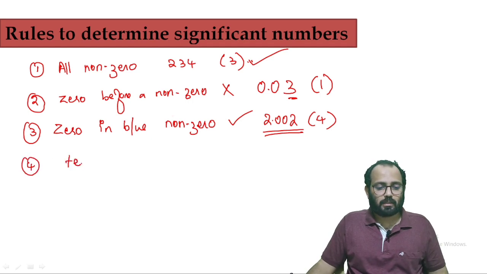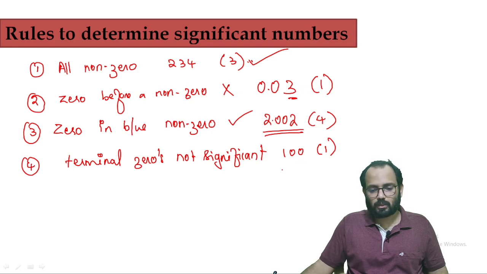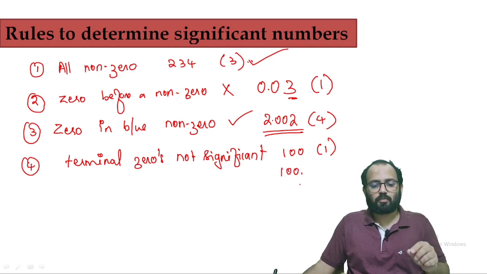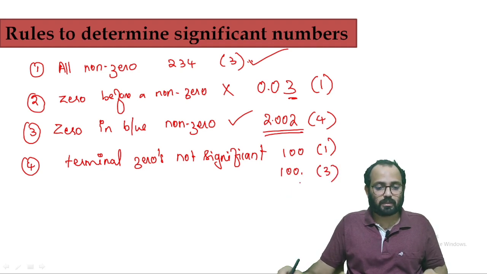Then, terminal zeros are not significant. If you tell like this, there will be confusion. In this case, only one significant figure. But in this case, I have made a decimal point there, so you got three significant figures.